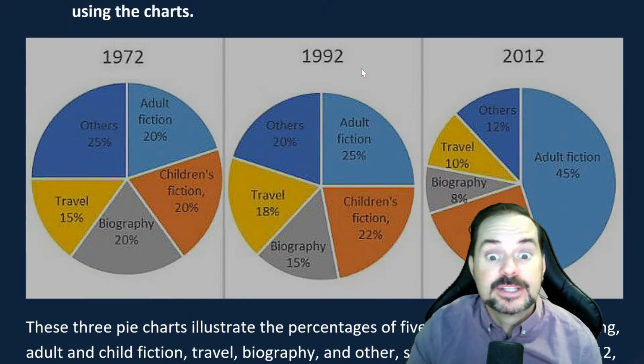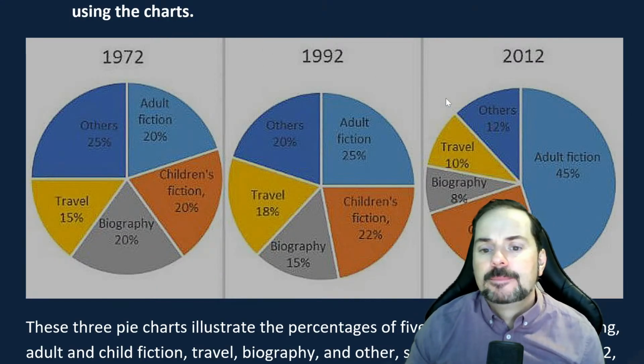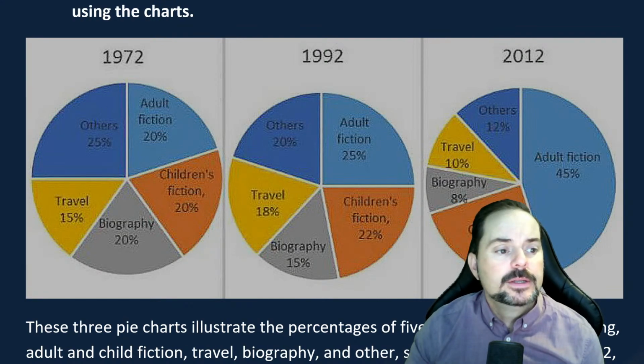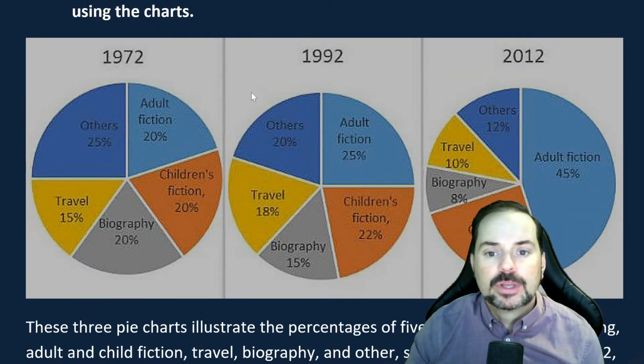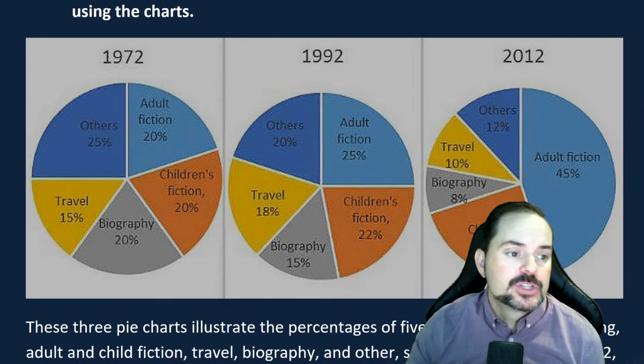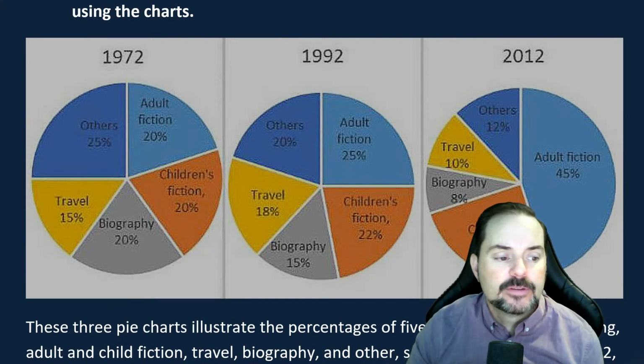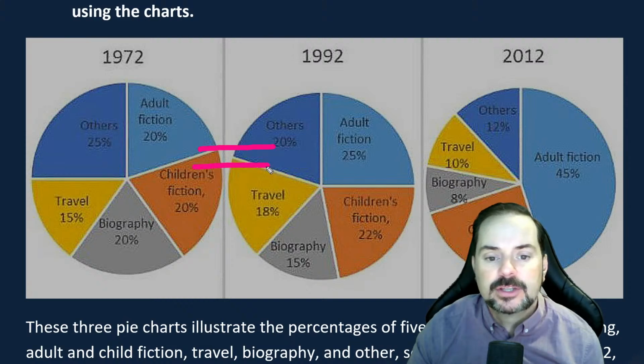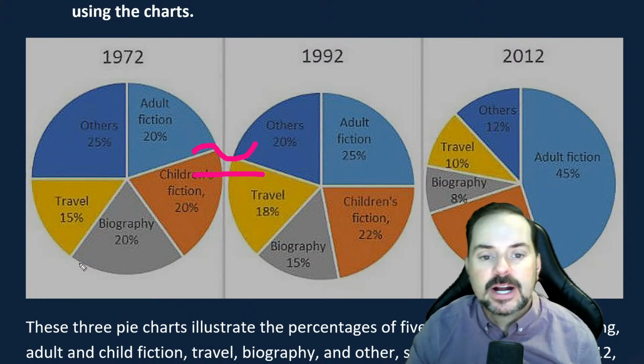World of business and statistics. All right. So definitely, the key feature that I notice when I'm looking at this, and your evaluation is important, is that in 1972, 1992, they're kind of the same. Maybe I'll do it this way, more mathematically accurate. They're kind of the same.